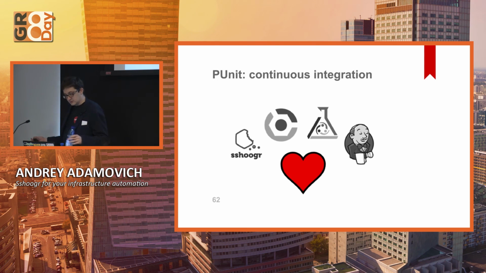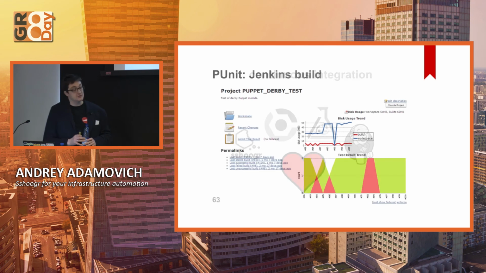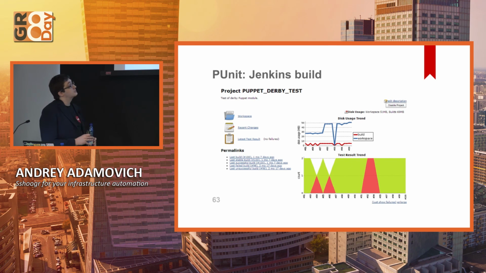And of course, because it's a unit test or kind of integration test, we put it all into Jenkins, into a CI server, together with the Puppet scripts, together with the Sshoogr script, together with Gradle. We get these reports back, which resemble the same things you would get from any software project.